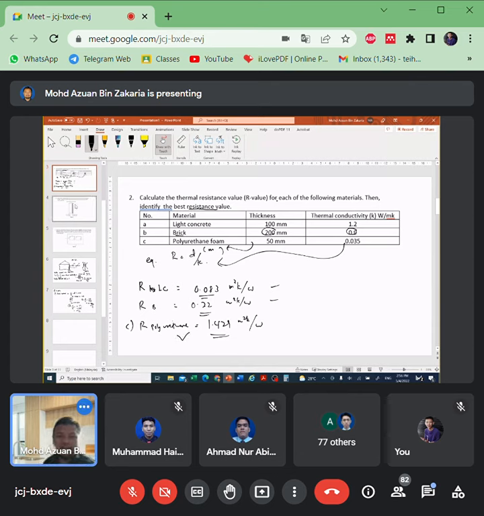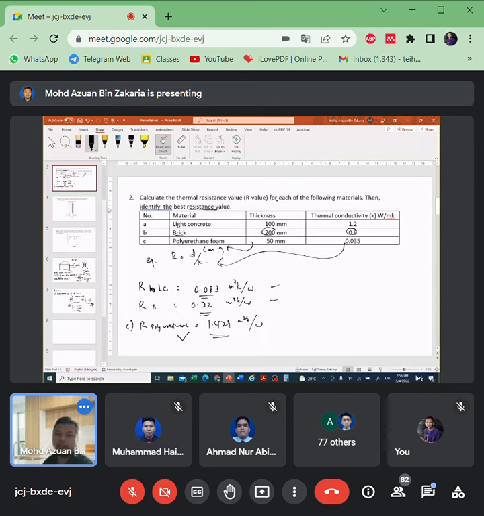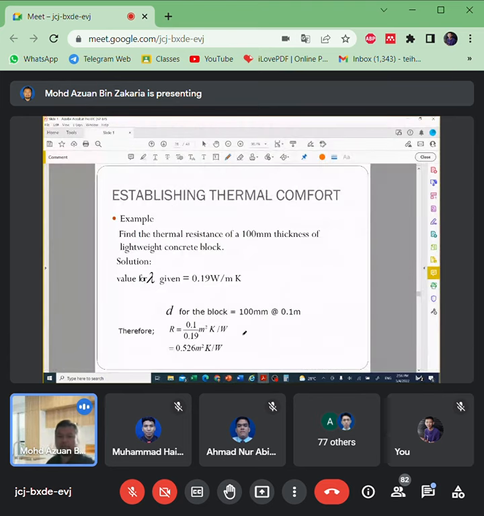Okay, next exercise is about how to calculate resistance as a unit, because as a building structure it is impossible to create it from only one material. Normally it's a combination of several layers. Let's see how to calculate thermal resistance of building units.